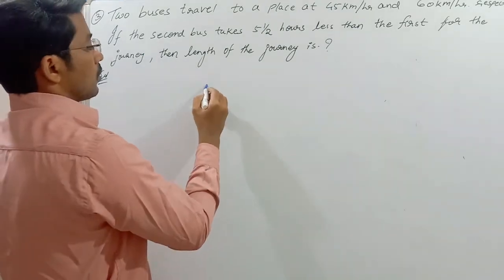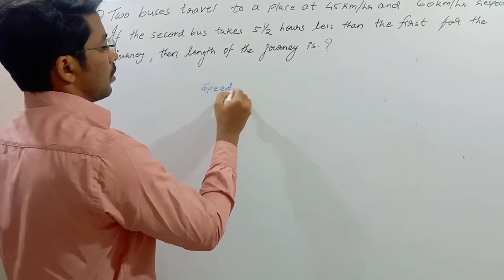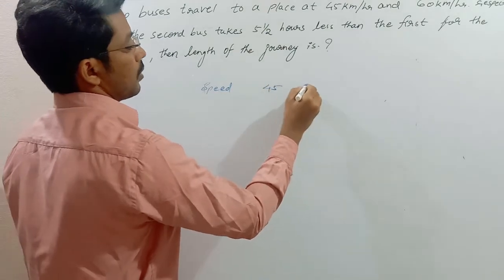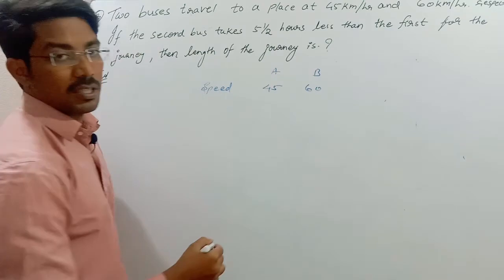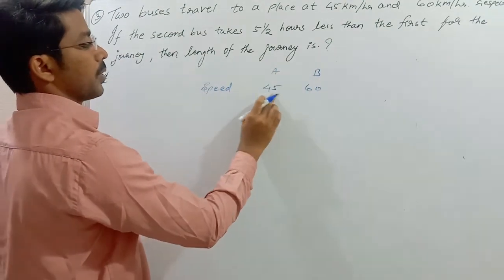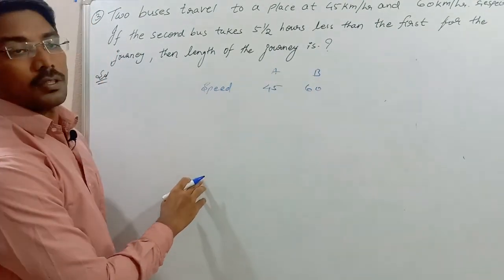So the speeds are given, 45 and 60. Let both buses be A and B, and their speeds are 45 and 60.